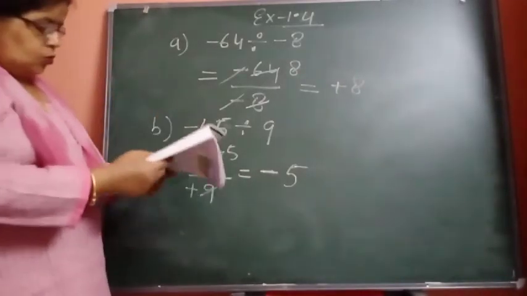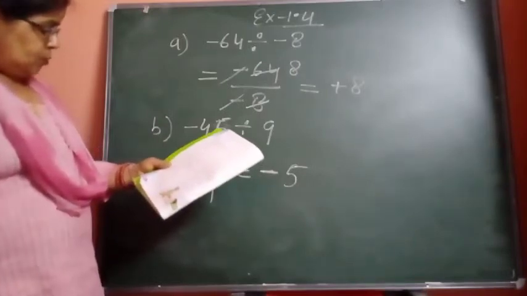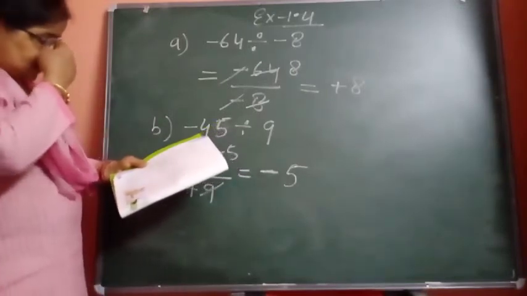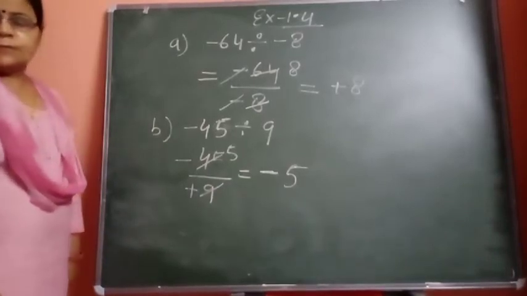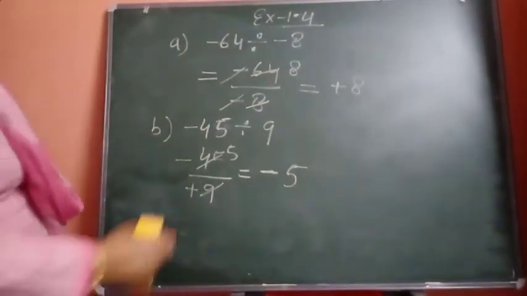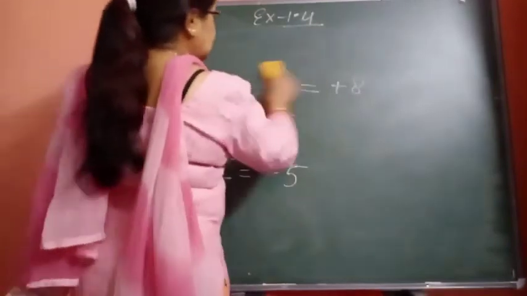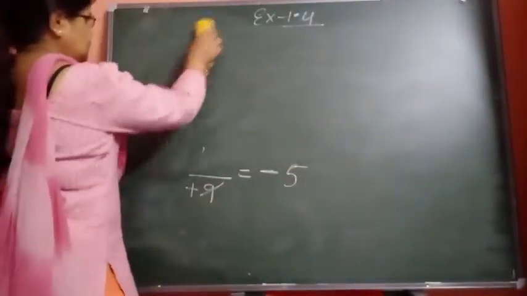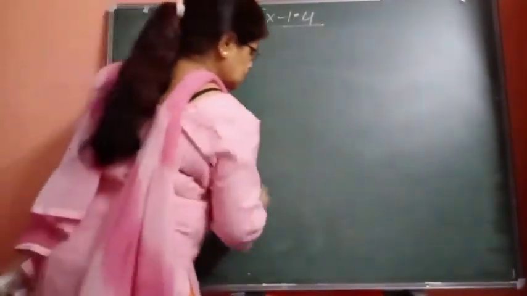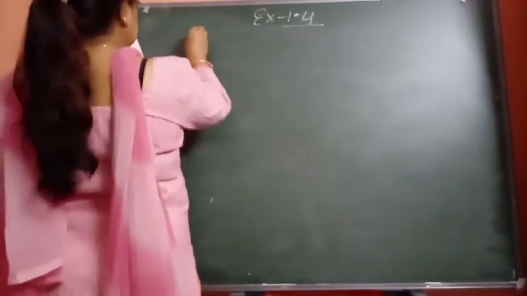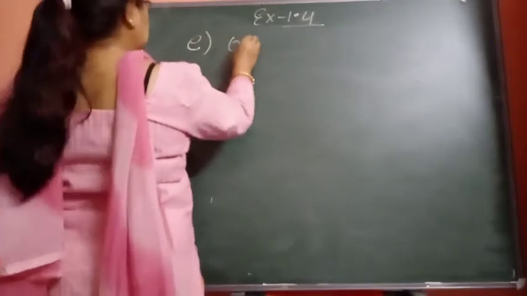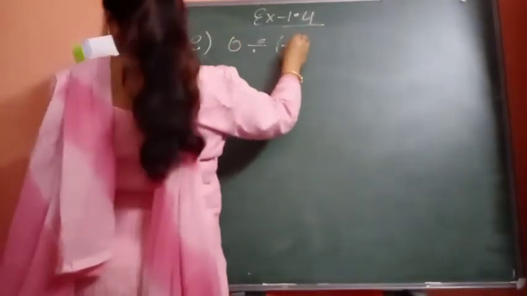Okay, one more part I am doing, and then you will proceed with the rest of the parts yourself. See it here. Children are always confused in E part. 0 divided by minus 12.